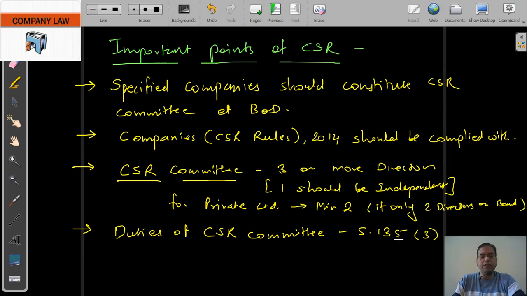It is a duty of the CSR committee to formulate and recommend to the board the CSR policy, which shall indicate the activities to be undertaken, recommend the amount of expenditure to be incurred on the activities, and then monitor the CSR policy from time to time. These are some of the important duties.